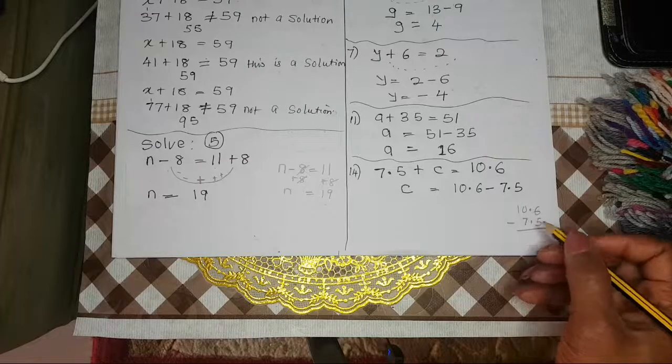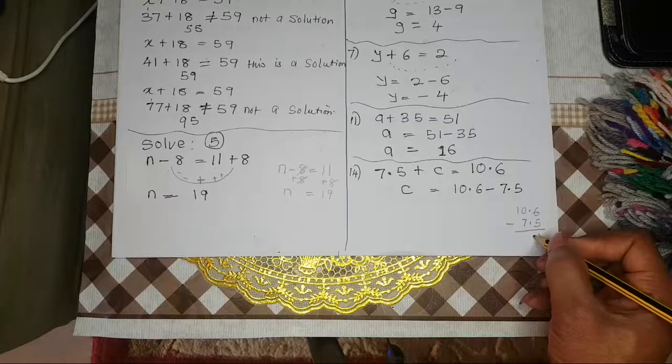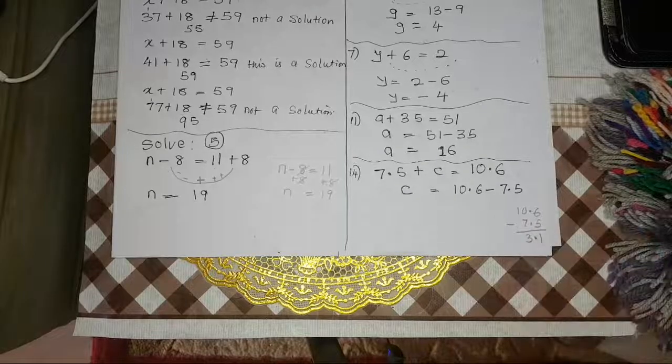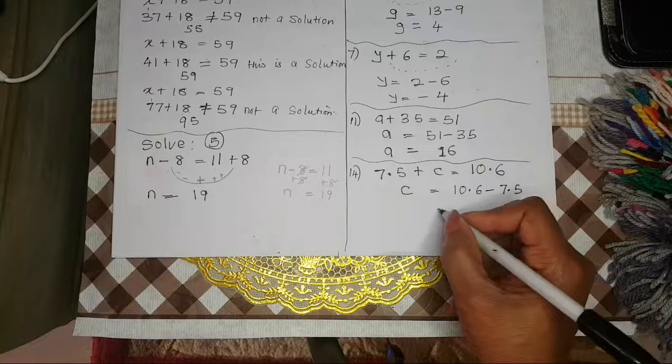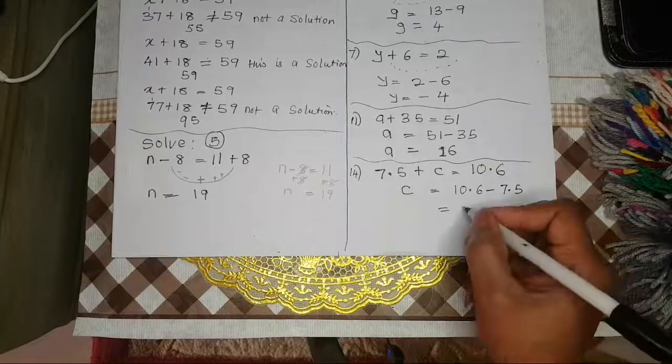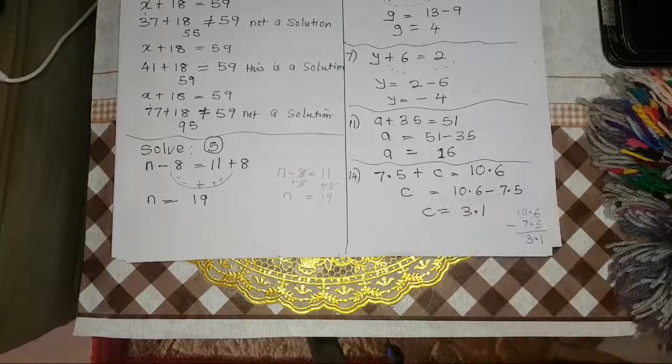So now this is going to give us 1. Remember to bring down the decimal. 10 minus 7 is 3. So 10.6 minus 7.5 is going to give you 3.1. So C is 3.1.